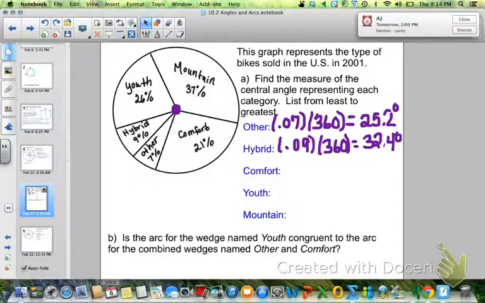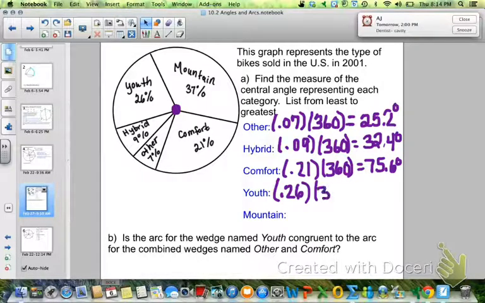Comfort is our next biggest one, and 21% is 0.21 times 360. When you multiply that out, it gives you 75.6 degrees. Youth comes next at 26%, so 0.26 times 360 gives me 93.6 degrees.